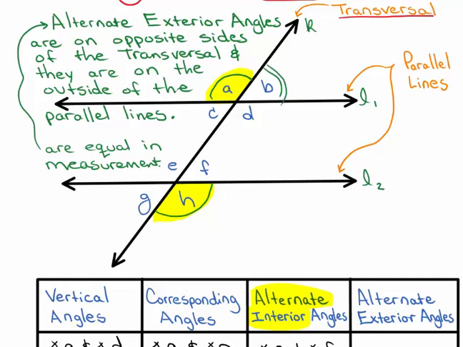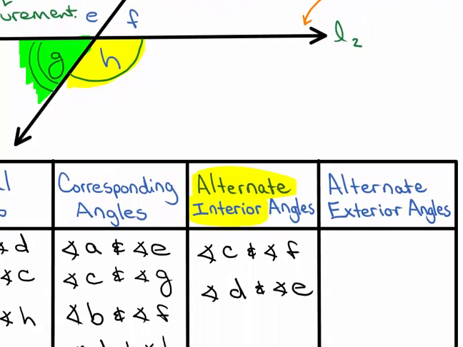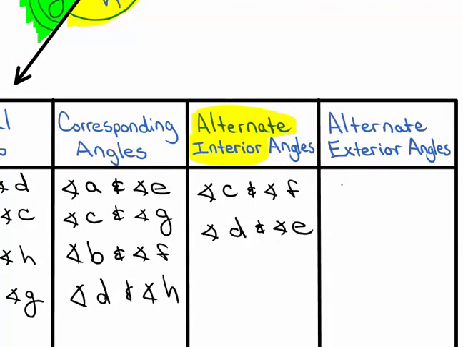And the alternate exterior angle that goes with B would be G. So angle B and angle G are going to be equal in measurement. Okay. So let's go ahead and write that down here in our list. We said angle A and angle H, and then we had angle B and angle G.